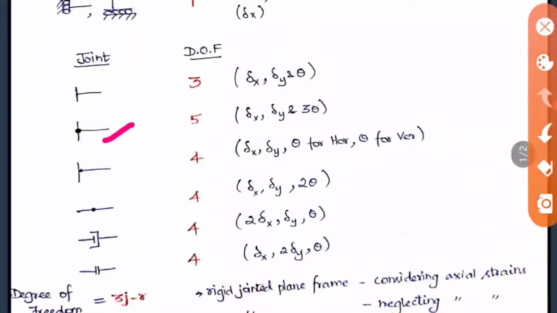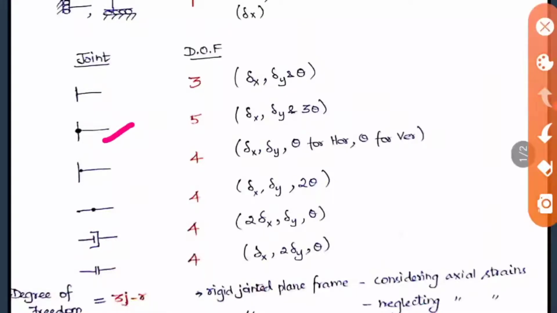It may be connecting 10 members, or even 100 members. Just remember that you add 2 to the number of members, because rotation will happen for each member, plus the deformation along the x-axis and along the y-axis. So if it is connected to 100 members it is 100 rotations plus delta x and delta y, so the degree of freedom will be 102 for that structure. Simply remember like that.